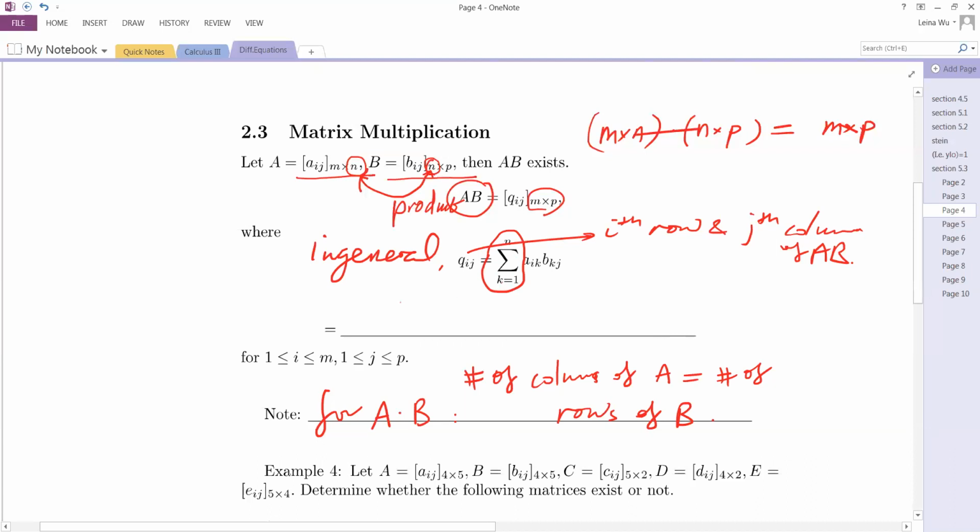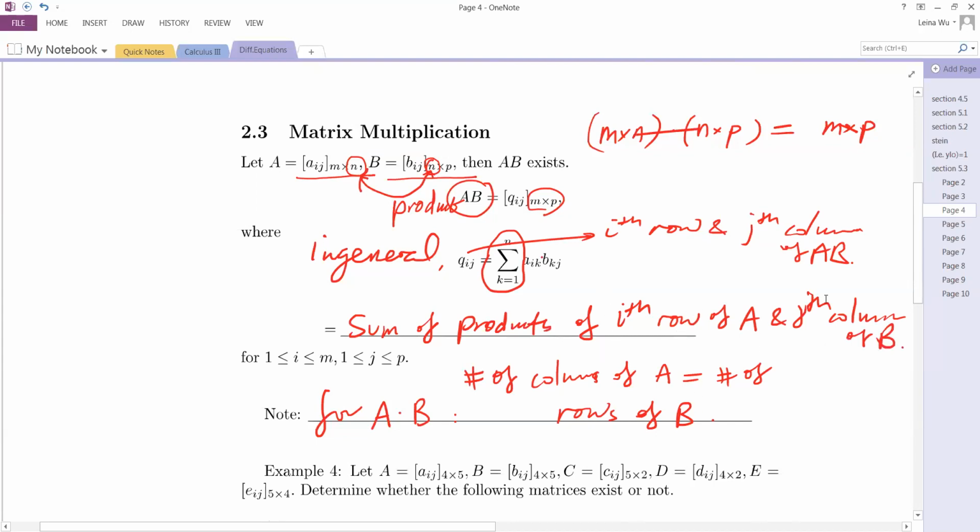What does the summation sigma mean? Yes, sum of the products of the ith row of A and the jth column of B.